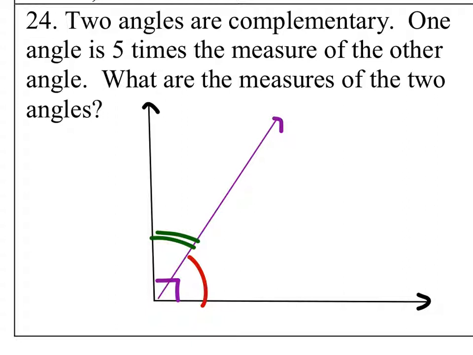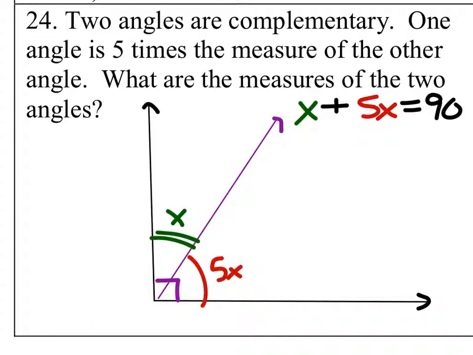But one of these is 5 times the other, so I'm going to say that this one is x, and this one is 5 times that, 5x. I'm using x because we don't know the measure of that one. This works the same as we did it with supplementary, just got to remember it's complementary. So if I take my x and add it to these 5 x's, then I would get 90 degrees. When I combine the two angles, 1x plus the 5x would give us 6x equals 90 degrees.